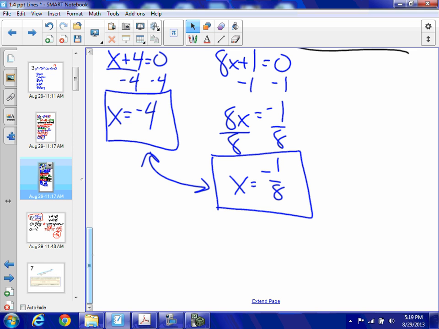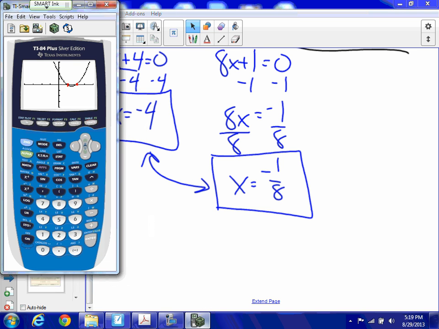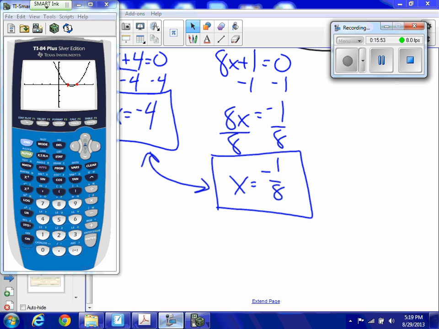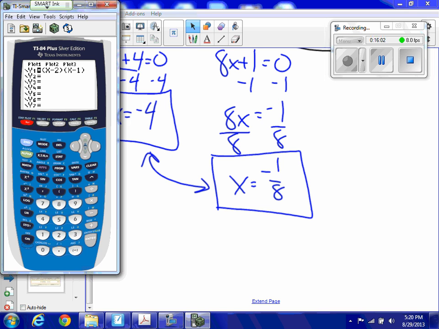Now, as the last part of this problem, I am going to put it into the calculator and test my results. And I'm going to let you watch me plug this into the calculator.